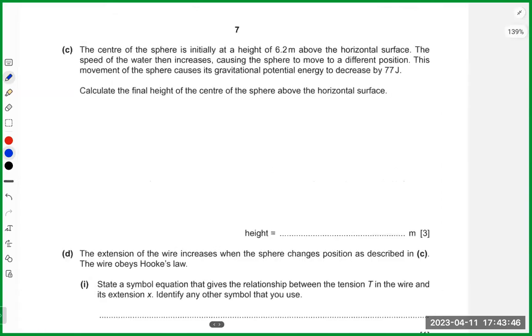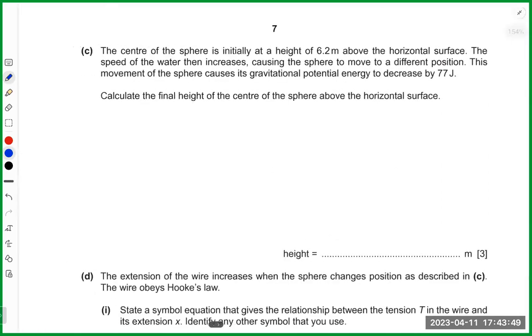Now, the center of the sphere is initially at a height of 6.2 above the horizontal surface. The speed of the water then increases, causing the sphere to move to a different position. This movement of the sphere causes the gravitational potential energy to decrease. Decrease means the object goes down. Calculate the final height of the center of the sphere above the horizontal surface.